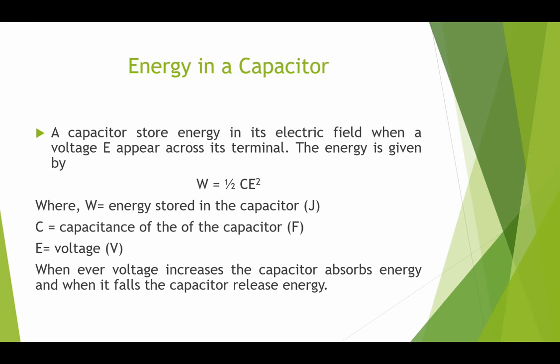E here denotes voltage, C is the capacitance of the capacitor in farad, and W is the energy stored in the capacitor in joule. Whenever voltage increases, the capacitor absorbs or stores energy, and when it falls or decreases, or we remove the source, the capacitor releases energy to the circuit.